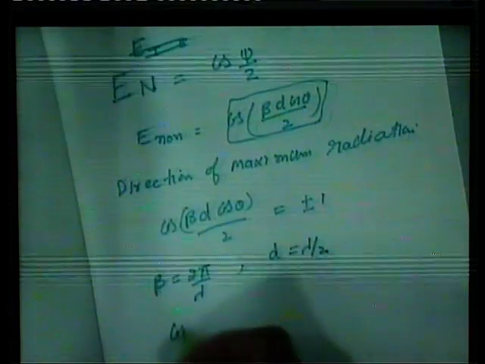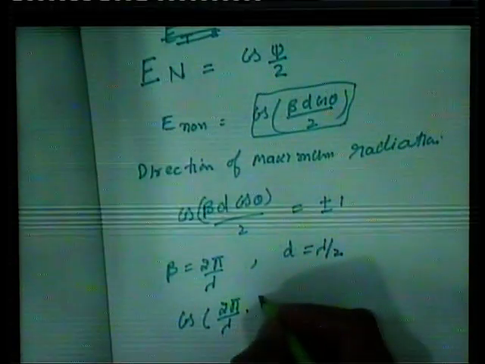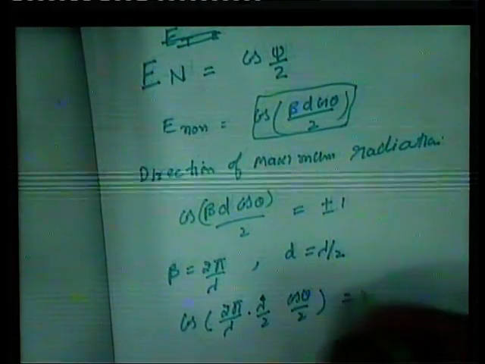So cos of 2 pi over lambda into lambda by 2 into cos theta by 2 equals plus or minus 1.